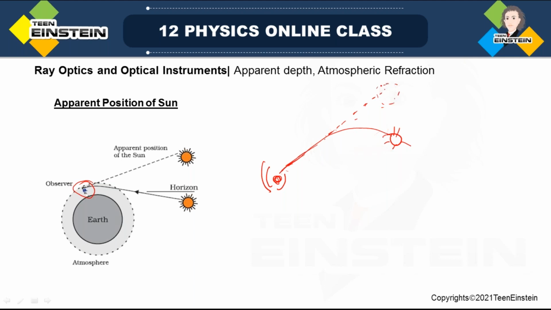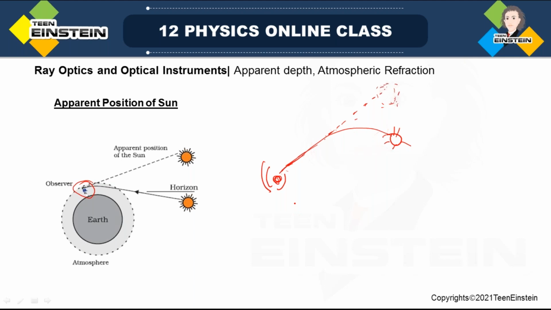So the sun will appear over here to our eyes. Actually, this is not the actual sun. This is the virtual image we'll see because of this refraction.